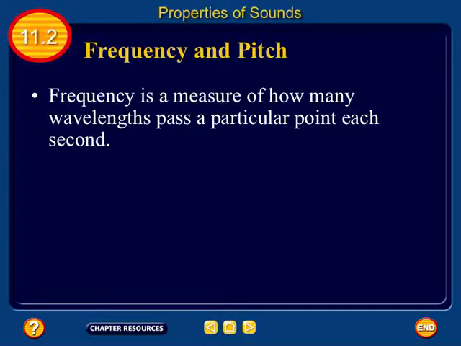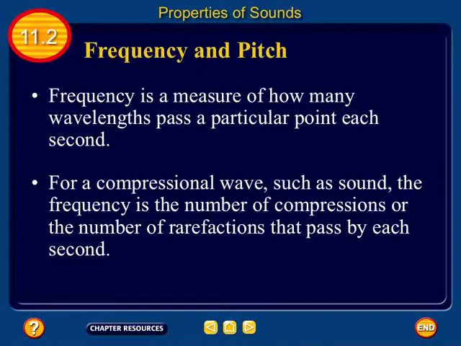What kind of wave is a sound wave? Compressional. So for a compressional wave, our frequency is going to be the number of compressions that pass every second.